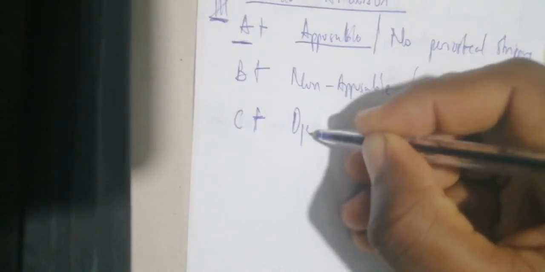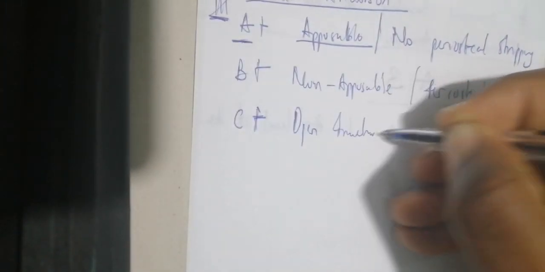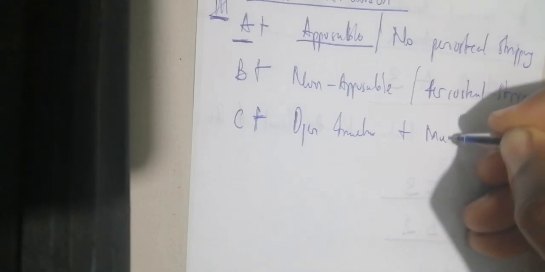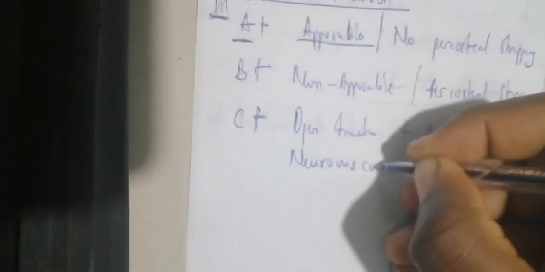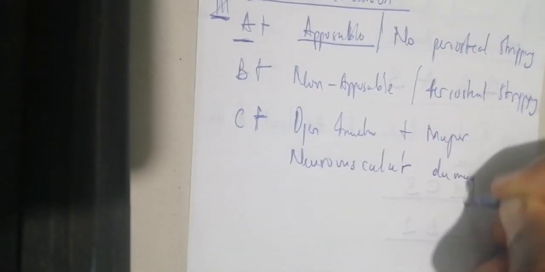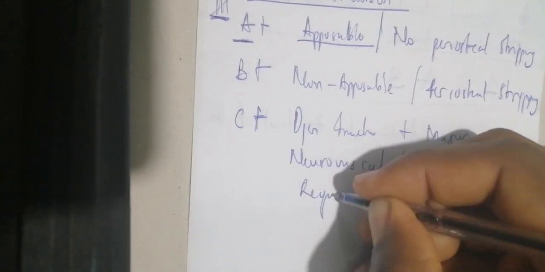And Gustilo-Anderson 3C is a case where you have an open fracture with a major neurovascular damage requiring repair. Is it clear?